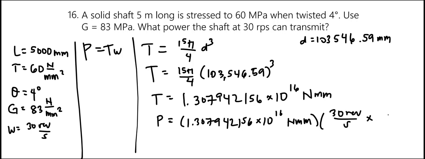And let's convert this into radians. We have 2 pi radian per 1 revolution. These 2 units cancel. And we also need to convert millimeters into meters to get our unit of Newton meter per second, which is basically watts. So multiplying this by a conversion factor of 1 meter per 1000 millimeters, and these two units cancel.